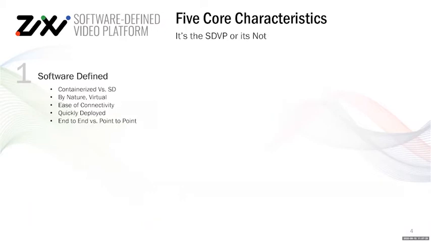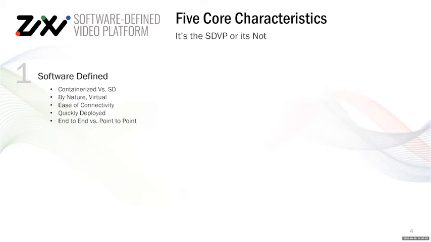But it's true native software. Doesn't mean you can't containerize software. We offer our software, native or containerized, because a lot of people use containers for automation and things like that. But again, looking at its origins and what it's made for, because you don't get the versatility and a lot of the other characteristics of a software-defined video platform if you're not starting with native software.